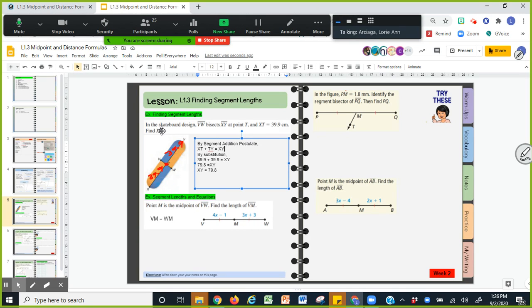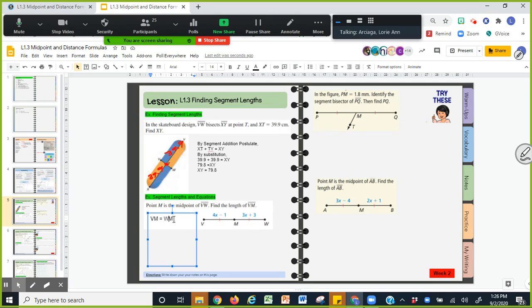If you're looking for the entire line segment, it helps to write this long equation. But if it's just asking for the length of a portion, like VM, then you can just make the two equal to each other because M is the midpoint.